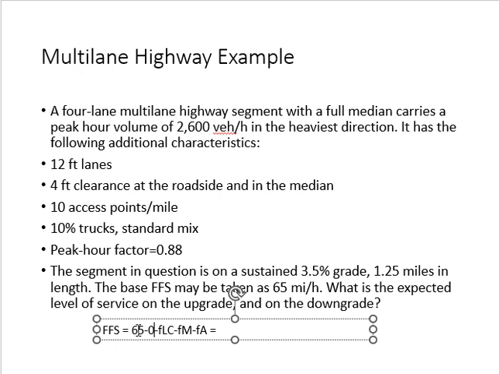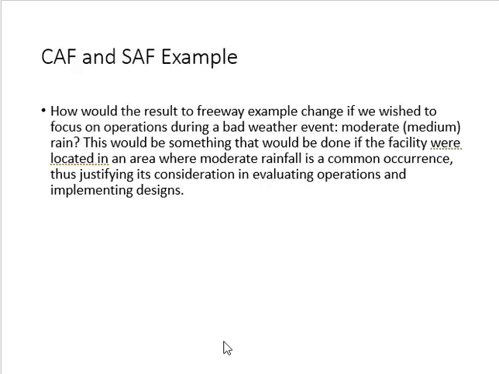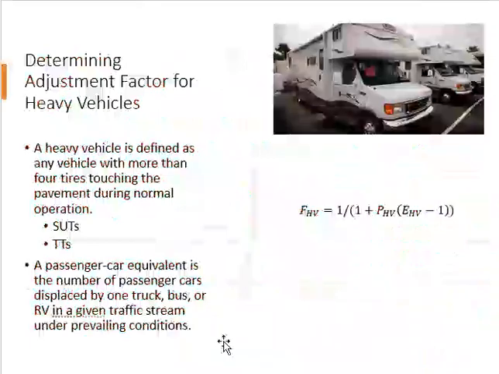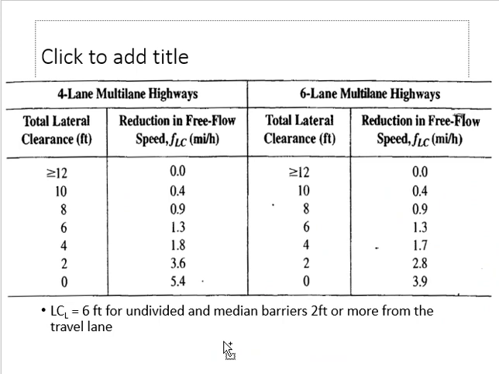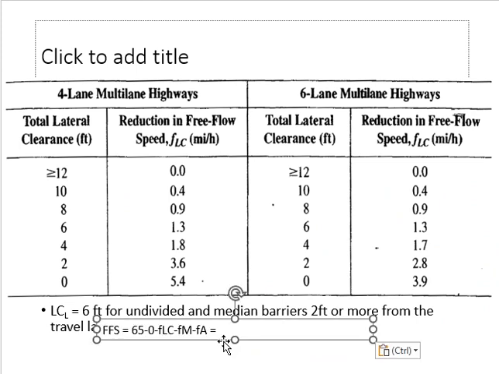So 8 feet clearance, 4 lanes. The factor is 0.9.